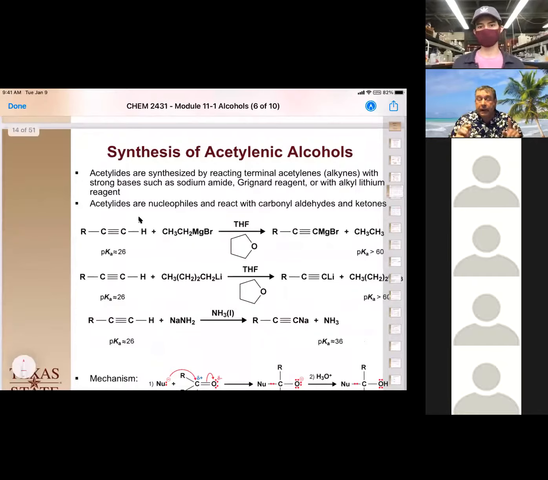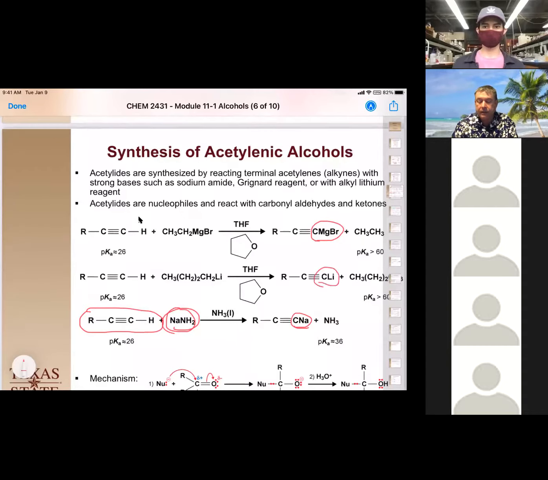In chapters 8 and 9, we looked at having the acetylene be deprotonated by sodium amide to give us our acetylide ion, and we use that as a nucleophile. Well, it turns out that the Grignard reagents and the organolithium reagents are much stronger bases than the sodium amide, and will do the same thing.